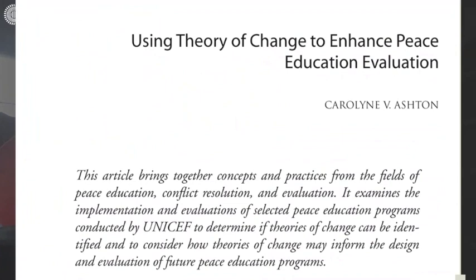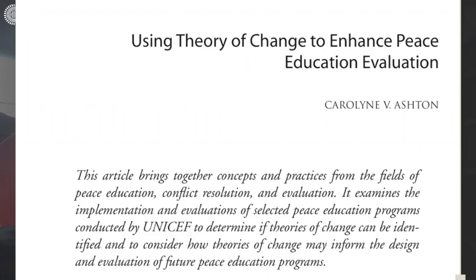This article brings together concepts and practices from the fields of peace education, conflict resolution, and evaluation. It examines implementation and evaluation of selected peace education programs conducted by UNICEF to determine if theories of change can be identified and to consider how the theories of change may inform the design of the project.